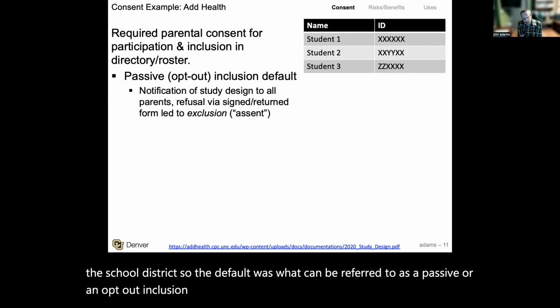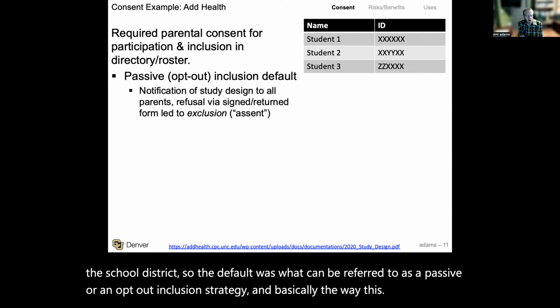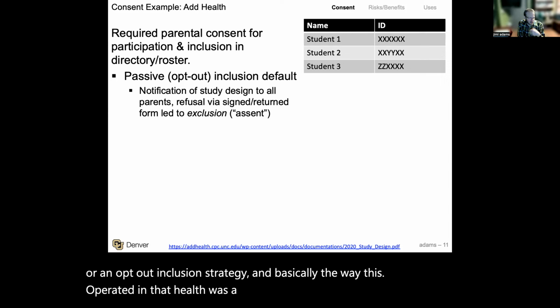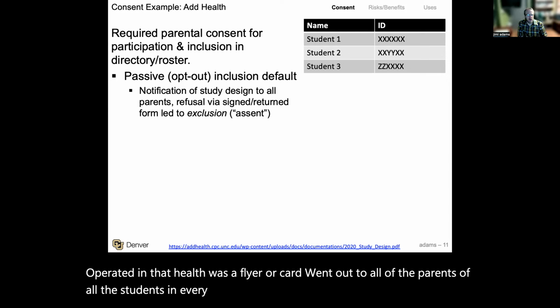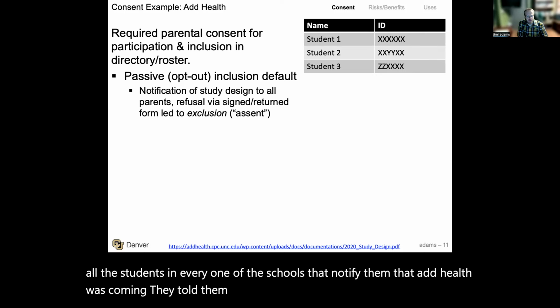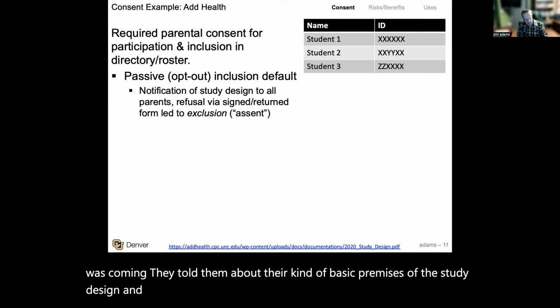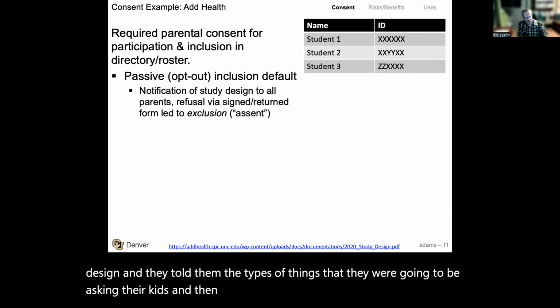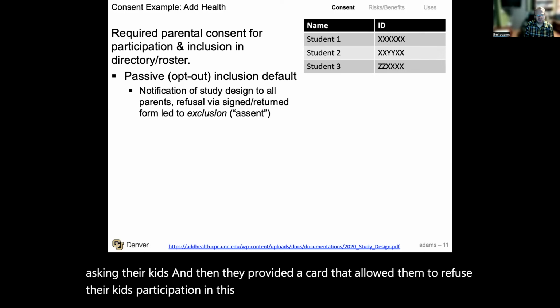The way this operated in AdHealth was that a flyer or card went out to the parents of all the students in every one of the schools, notifying them that AdHealth was coming. They told them the basic premises of the study design and the types of things they were going to be asking their kids. Then they provided a card that allowed them to refuse their kids' participation in the study. If they refused, that student would be excluded.